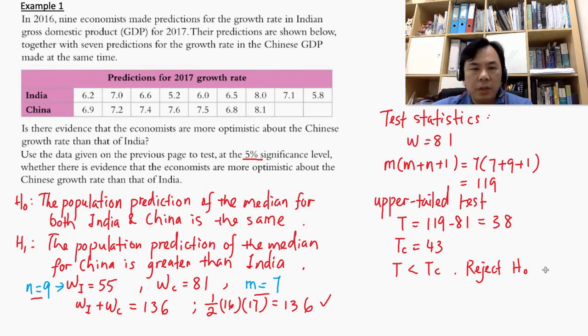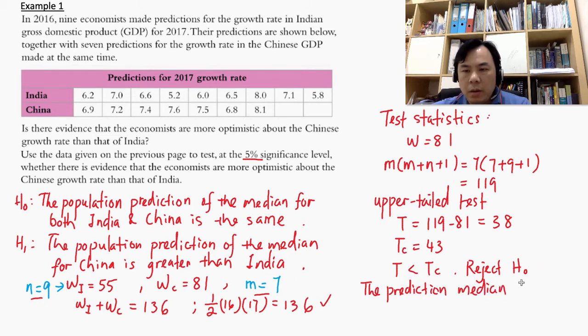By rejecting H0, therefore we can say that the population's prediction median for China is greater than India.